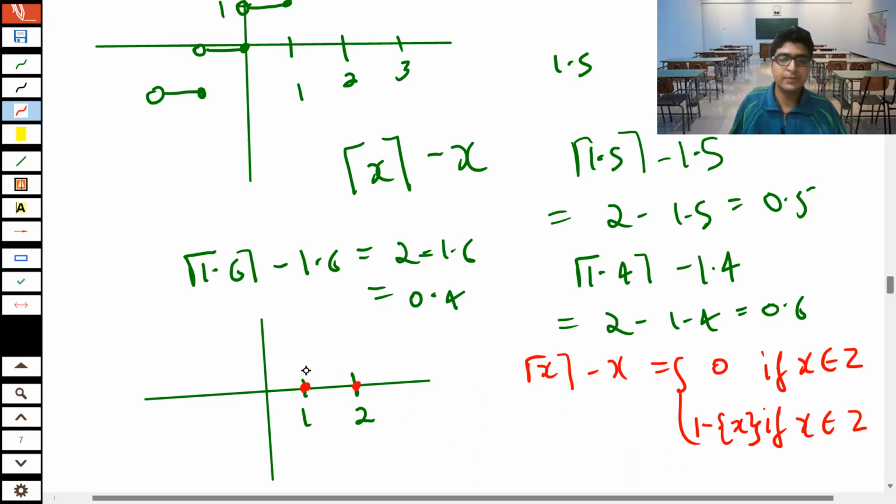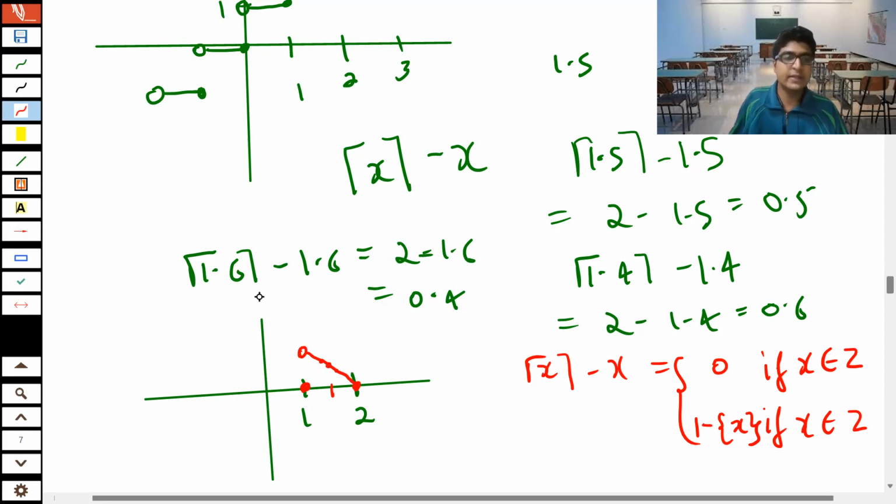Okay, so it will look like, for 1.5 we will get 0.5, right? And for 1.6 you are getting 0.4, which is below that. For 1.4 you are getting 0.6, which is above that. Okay, and for 1 it's 0. Okay, so it will look like this. You must be seeing the pattern. It will look like this.